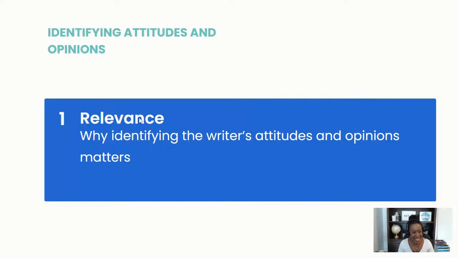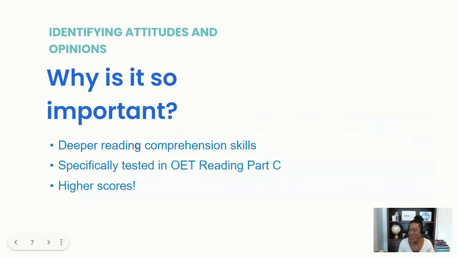Okay, let's see if your thoughts are similar to mine. Here are just some of my thoughts on it. It really helps deepen your reading comprehension skills in general. In practical terms, this is specifically tested in OET Reading Part C, and if you can develop these skills, your scores will reflect this ability.